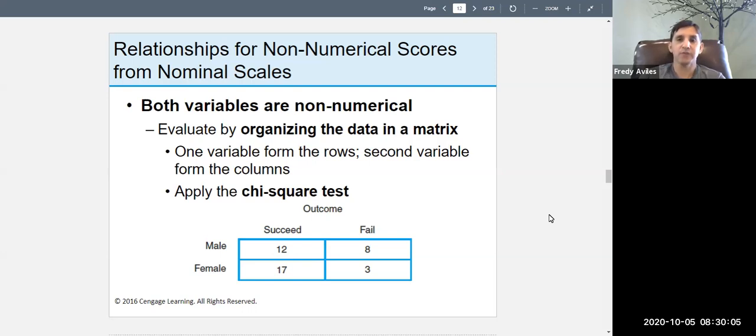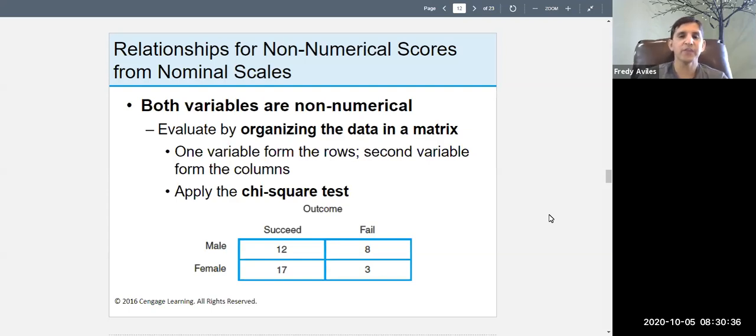When they're both categories, then you have to organize it in a matrix like here, where one variable will form the rows. Like the upper row is male, the bottom row is female. And the second variable will form the columns. Succeed is the first column and fail is the second column. And you organize it like that. You put it in a matrix, okay?